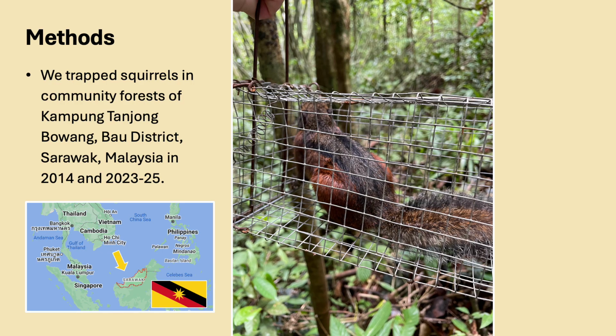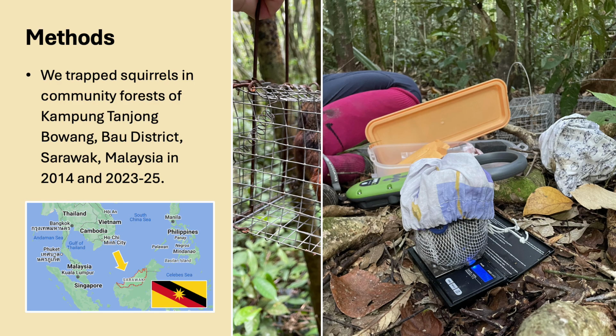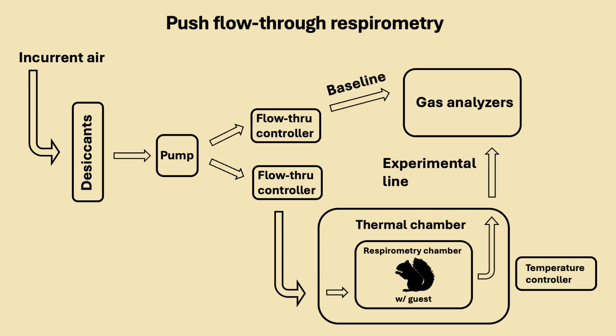And we trapped squirrels. We took some various morphometric measurements and ultimately measured metabolic rate, or at least proxies for metabolic rate, with a method called flow-through respirometry.